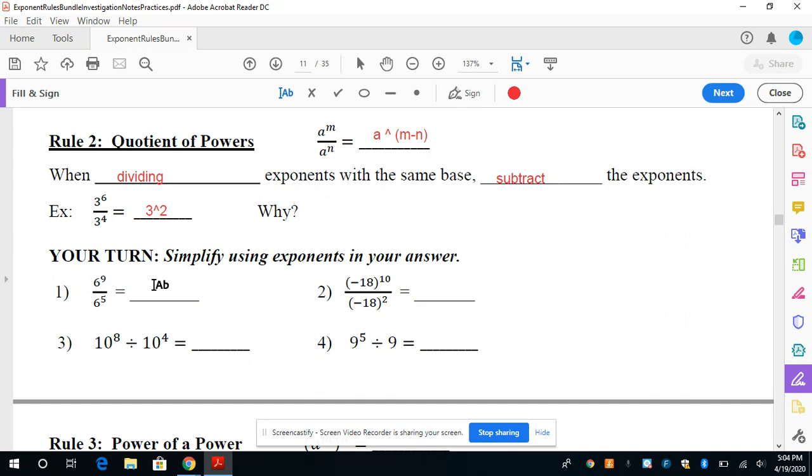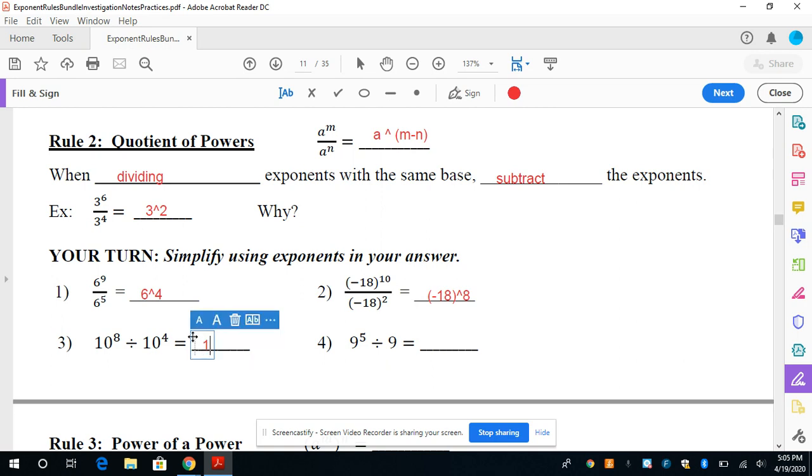Okay, so your turn. Same base, they both have 6s, so 9 minus 5 is 6 to the 4th. Same base here, put in parentheses, negative 18 to the 8th, right? 10 minus 2.